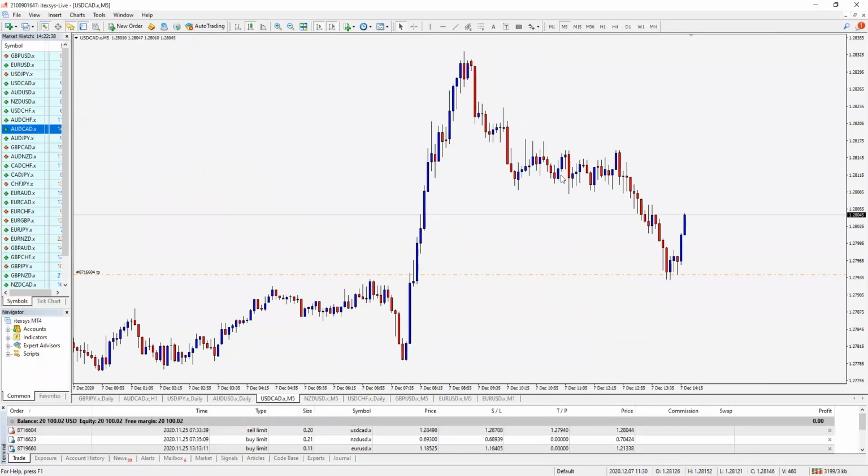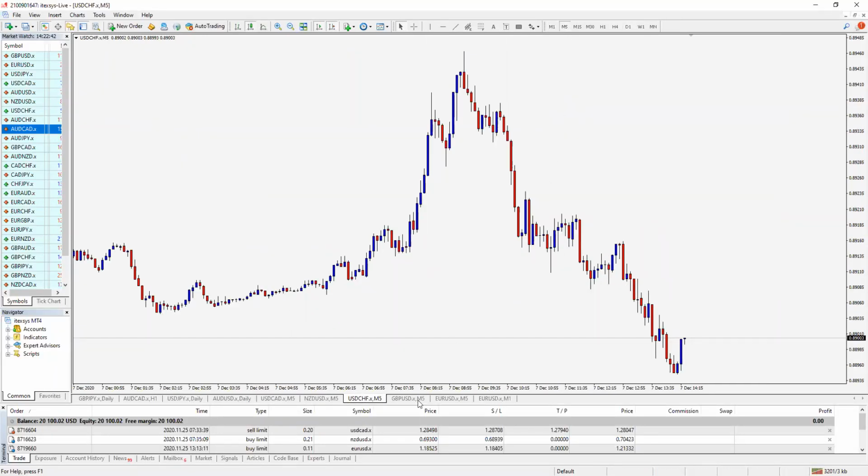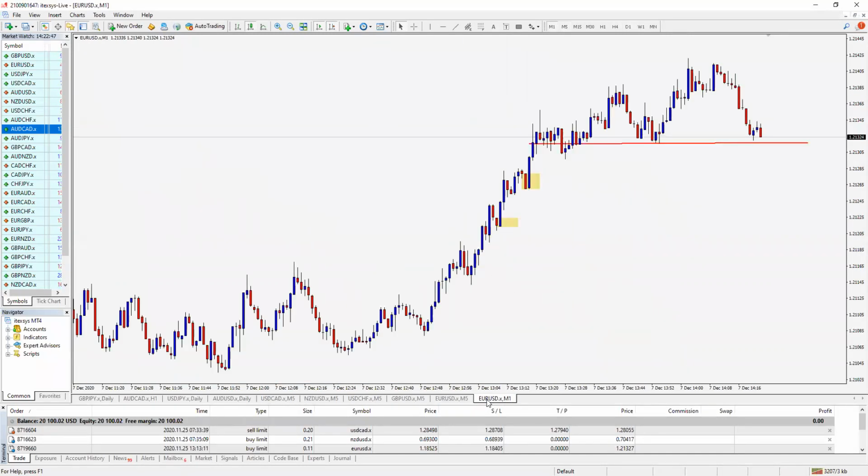Let me see if we have something else more clear. Yeah, this could be a valid buy.